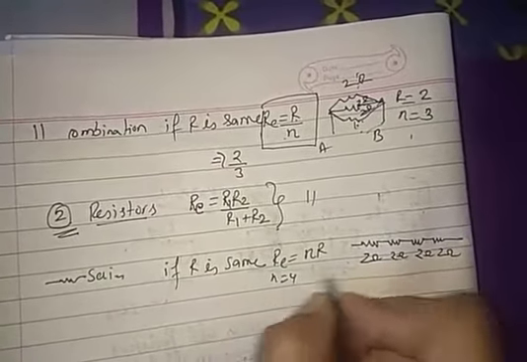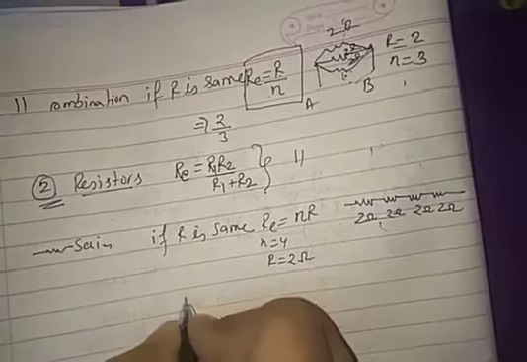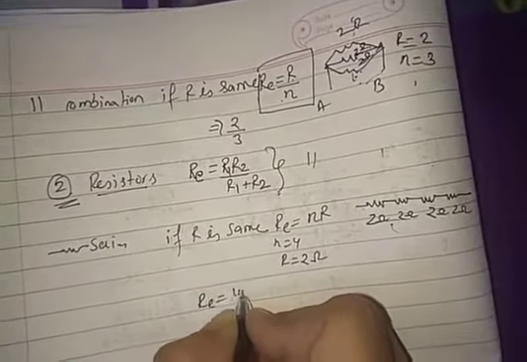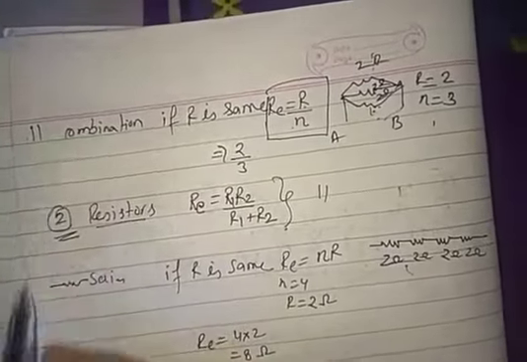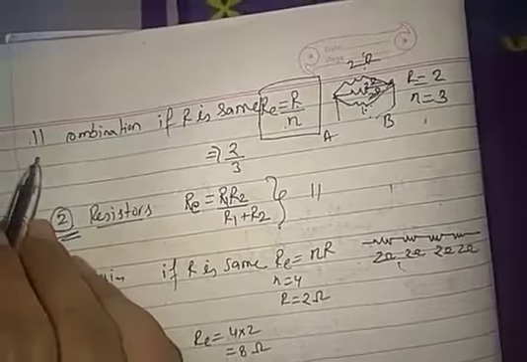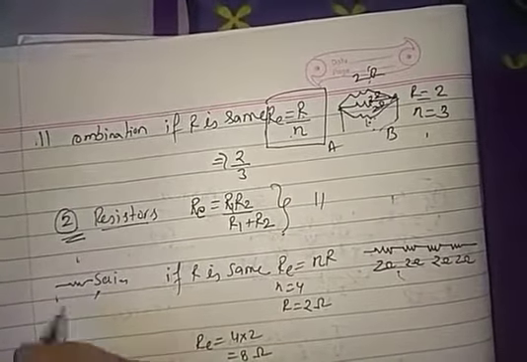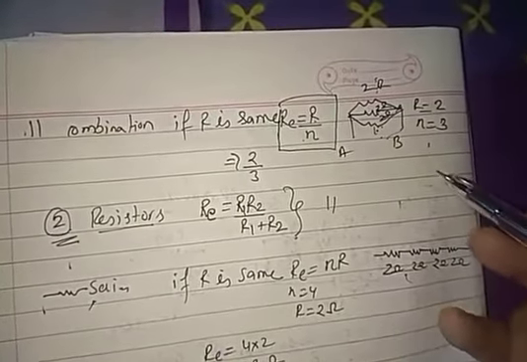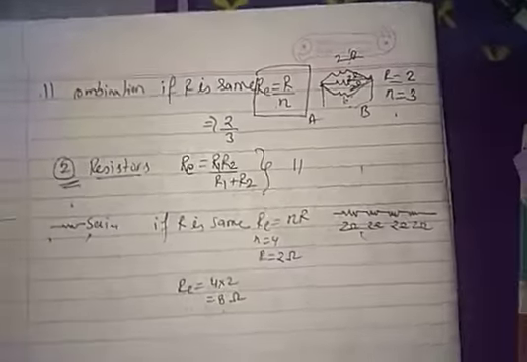It's 4. What is the resistance value? R equals 2 ohm. So just apply the formula. Req is equal to 4 into 2, so it becomes 8 ohm. Now remember, both these formulas only work when the resistor values are the same. If the value of resistance is not the same, then you will not get these answers.